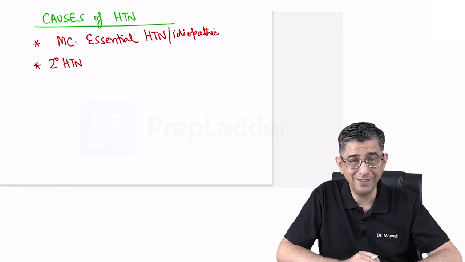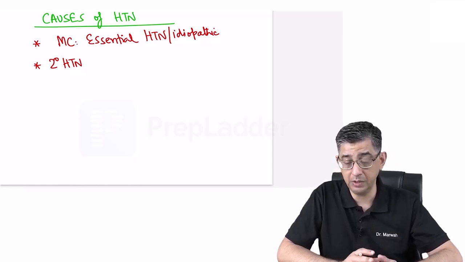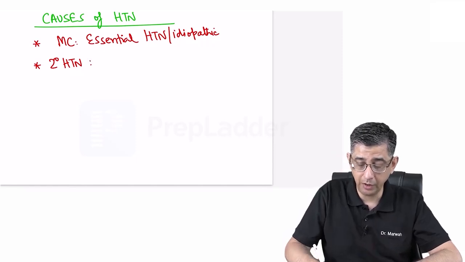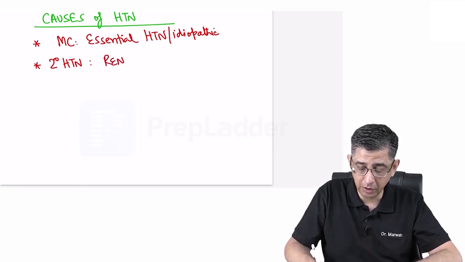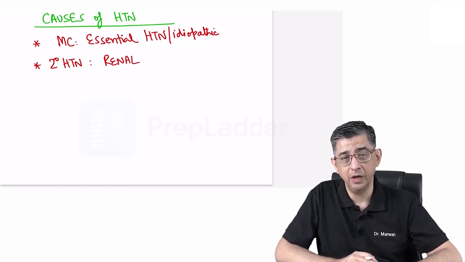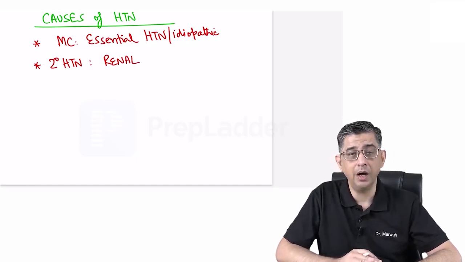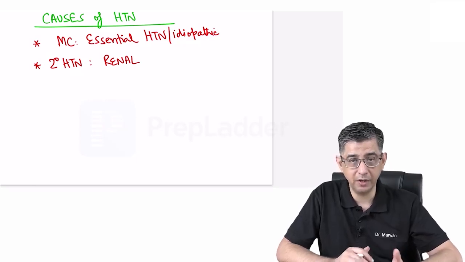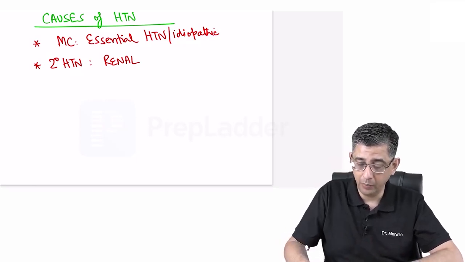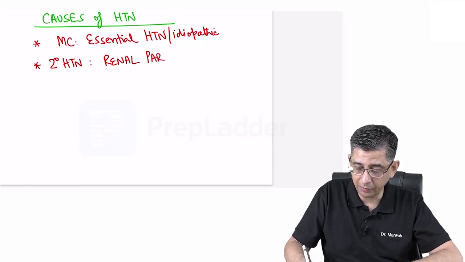And one of the important secondary causes of hypertension, which means treatable causes, is renal cause. When I say renal cause, a lot of doctors casually answer renal artery stenosis. I agree that renal artery stenosis looks like a very fancy answer to say, but actually the incidence of renal artery stenosis is much lesser.